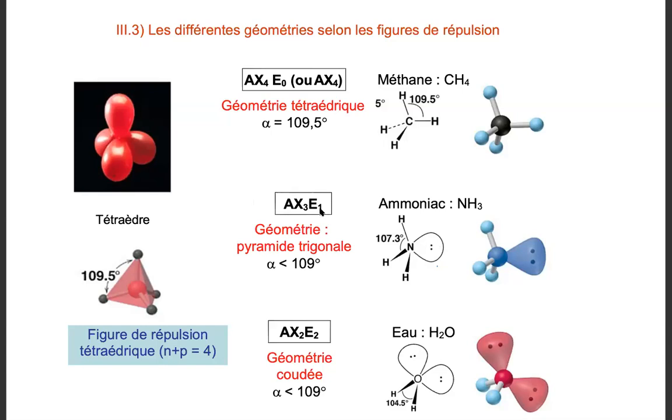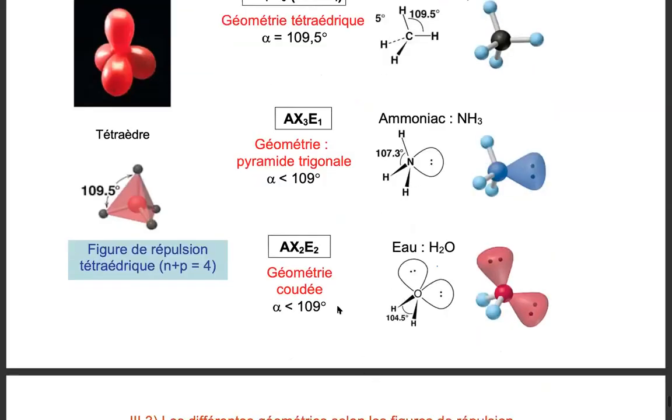The P is equal to 1, and there is a direction to 3 other hydrogen atoms: 1, 2, 3. So the repulsion figure for the trigonal pyramid geometry would be 3 plus P, which is 1, giving a 4.